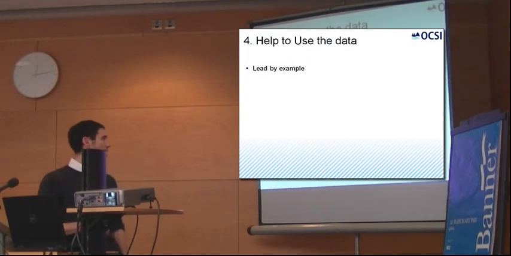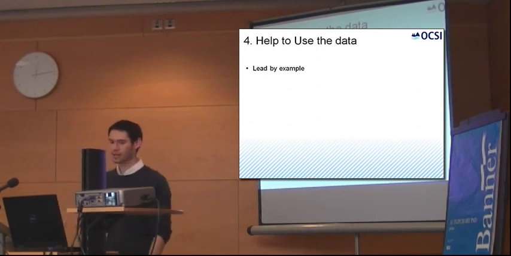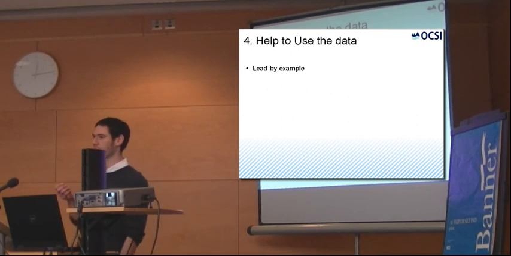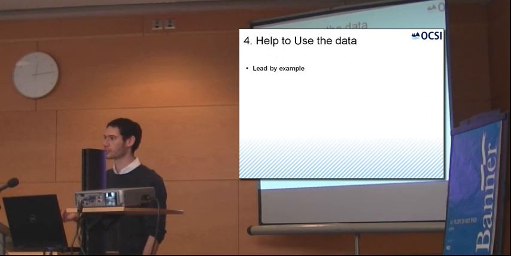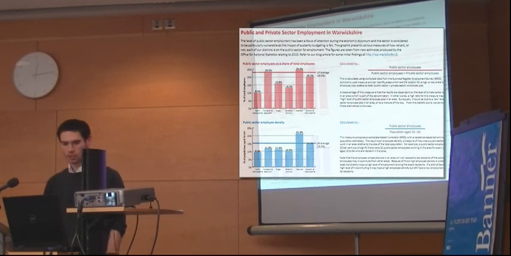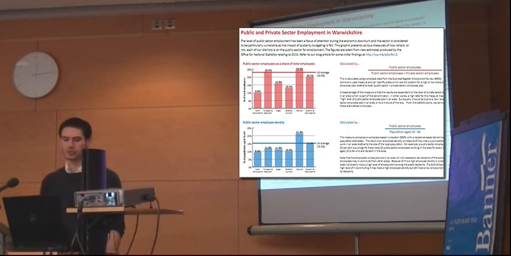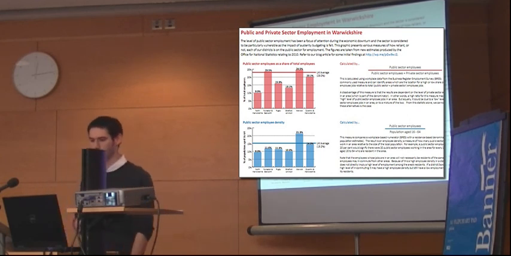Going on from that, the fourth step is about actually using data. I put lead by example as the first point, on its own slide, because I think it's really important to show, as data providers, just what can be done with it. So I've got an example from, this is a report from Warwickshire Observatory, who are worth checking out.